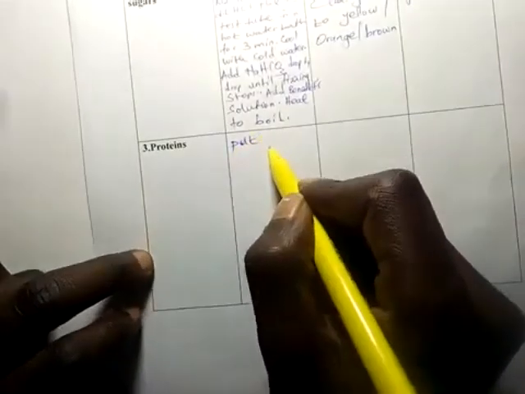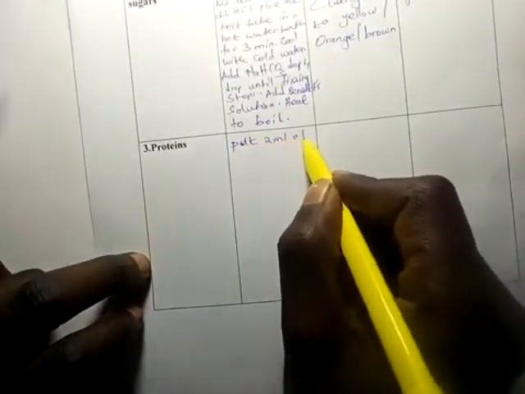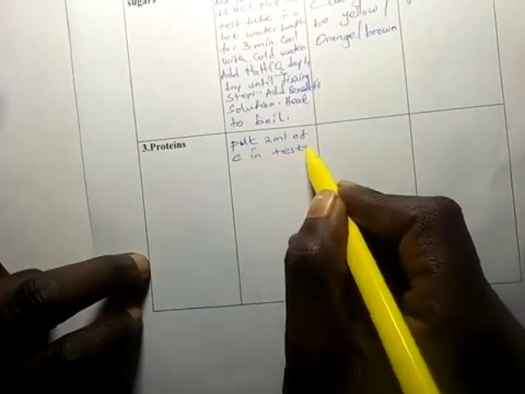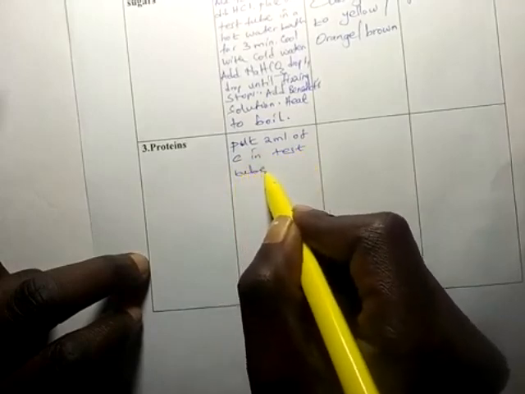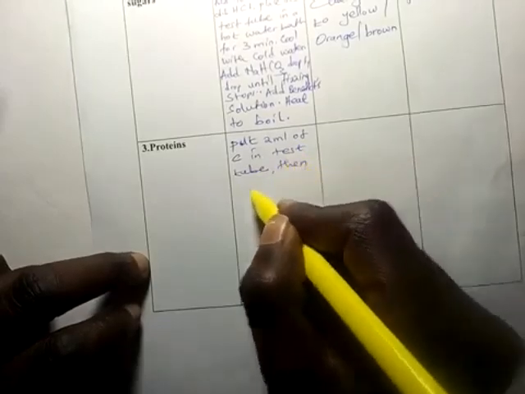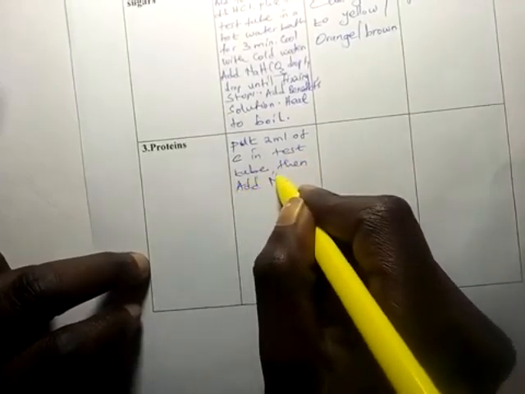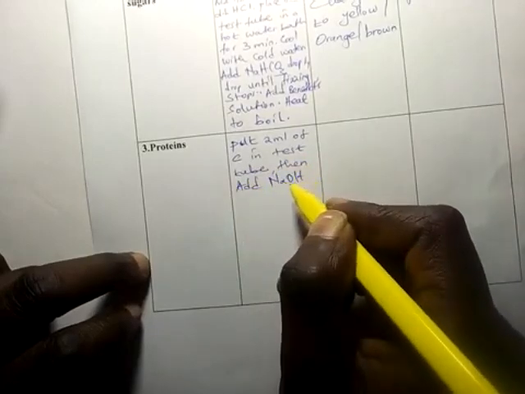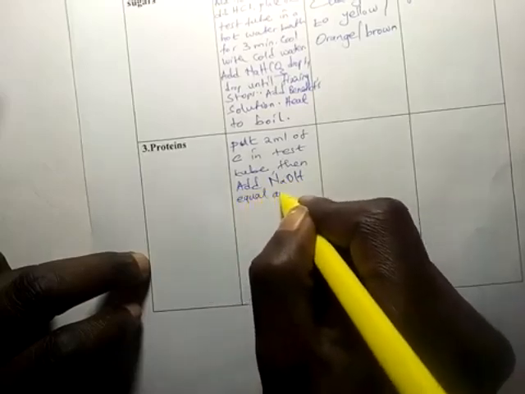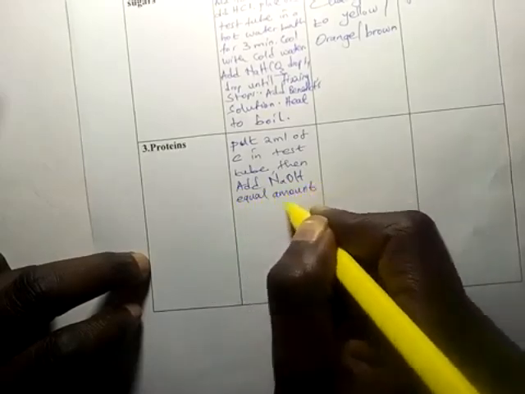Now for procedure 3, the test for proteins. Now you are required to put 2 ml of the food substance in a test tube. Then add sodium hydroxide, equal amount, and shake.